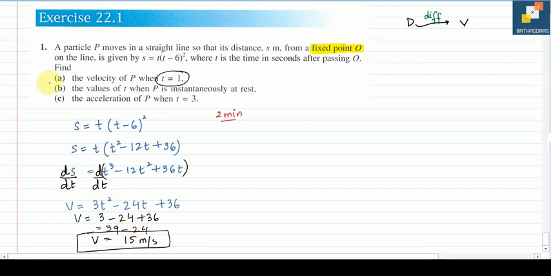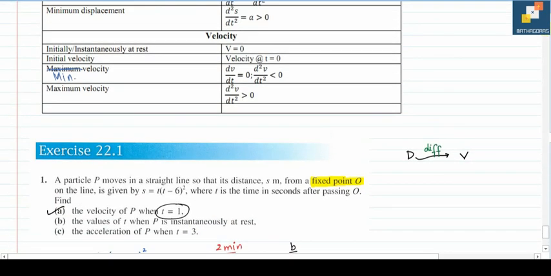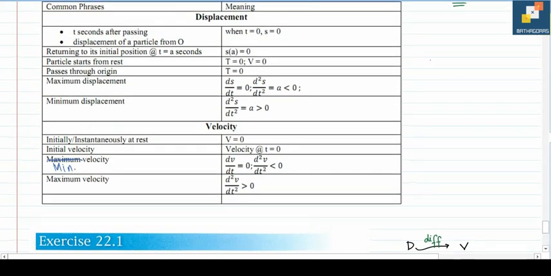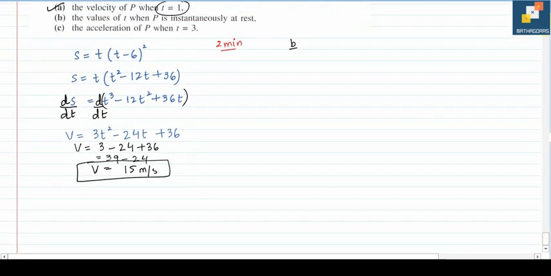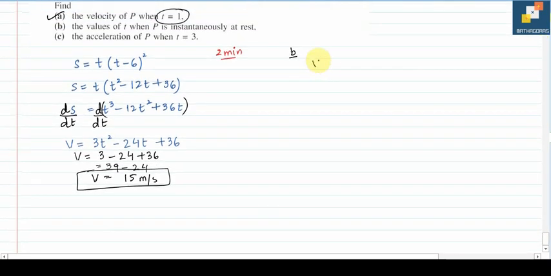For part B, it says find the value of t when P is instantaneously at rest. Now, the important statement that we have discussed: when it says instantaneously at rest, it means velocity is 0. So for part B, the condition is velocity is 0.